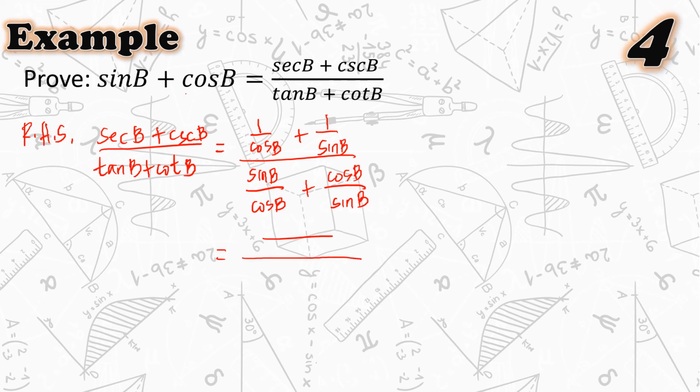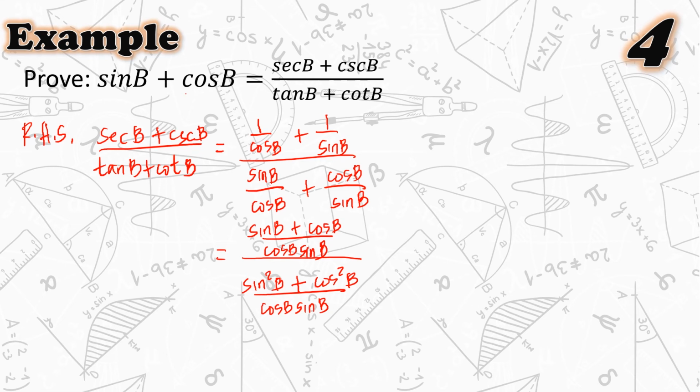In the numerator, the LCD is cosine B sine B, and then we will have sine B plus cosine B in the numerator. In the denominator, we have cosine B sine B also as the LCD, and then the numerator will be sine squared B plus cosine squared B using the techniques in adding fractions.